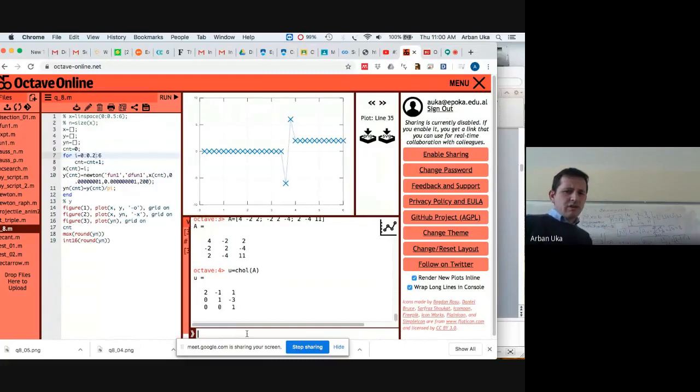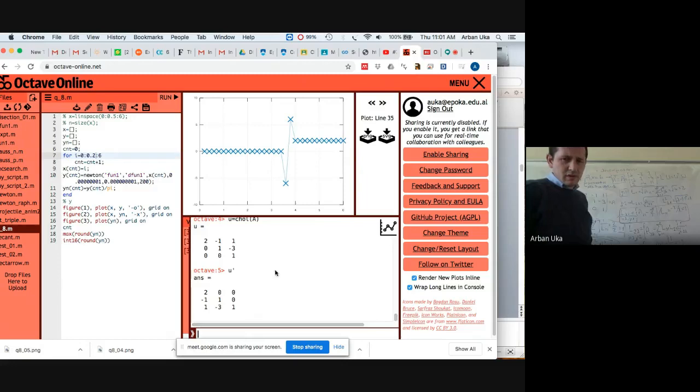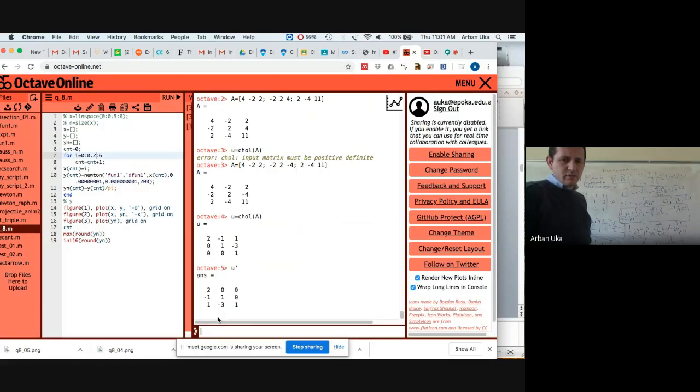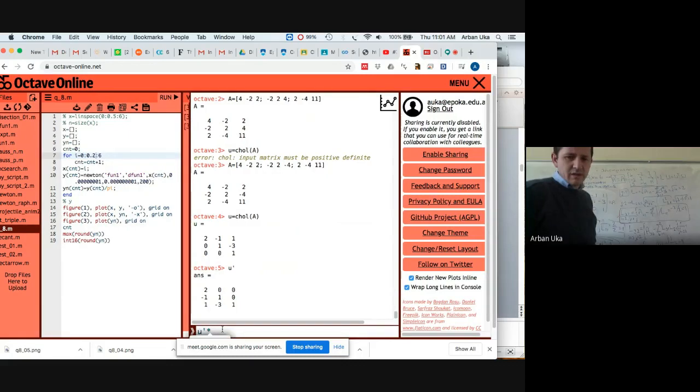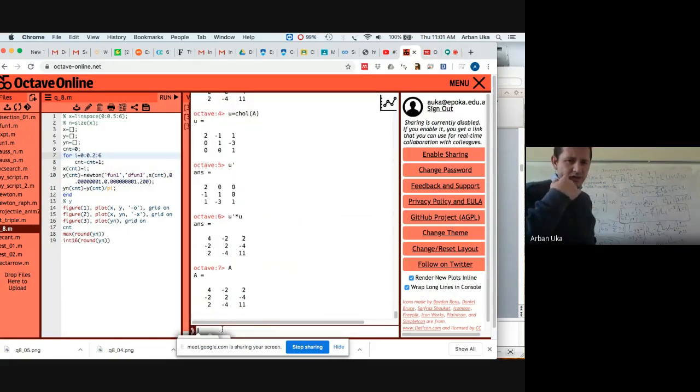It looks like U is the upper triangular matrix, which was here on the board. Here we got the lower one, but the upper triangular matrix is this one. And here, with this single quote, we get the transpose. So that's U transpose, and this means that if we multiply U transpose with U, we get A. If we compare these two, they are the same thing.